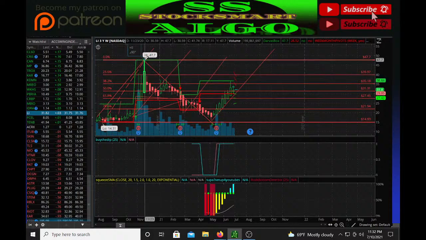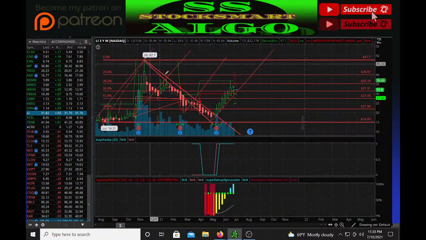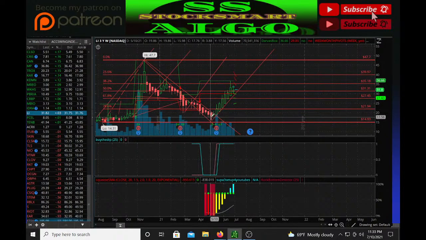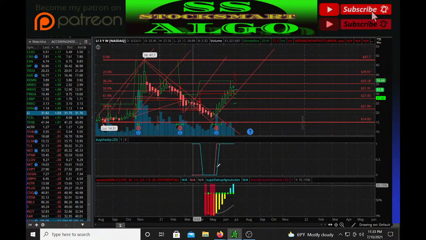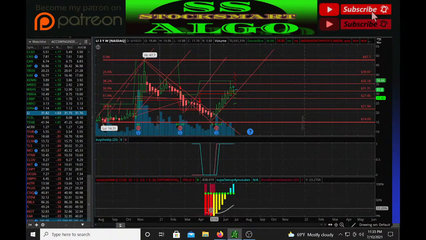Now, had we drawn this line and prepared for that particular breakout, had you had this line drawn the entire time, you would have seen boop, boop, boop, boop, boop, hammer, base, breakout. And we can see it in our buy the dip indicator here, and in the rock bottom detector here. All right. Let's check out RKT.